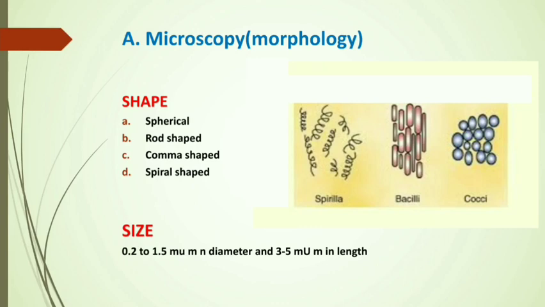Here we can see in the picture they are spherical, that is cocci, rod shaped, bacilli, and spiral shaped are called spirilla. Size varies from 0.2 to 1.5 mm in diameter, and in length it is 3 to 5 mm.